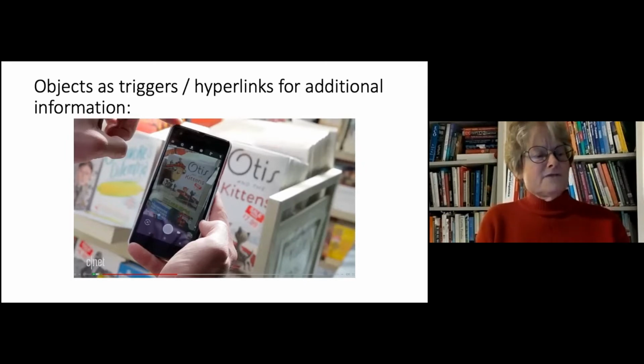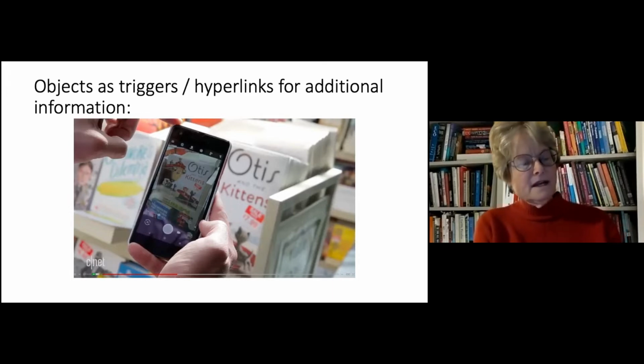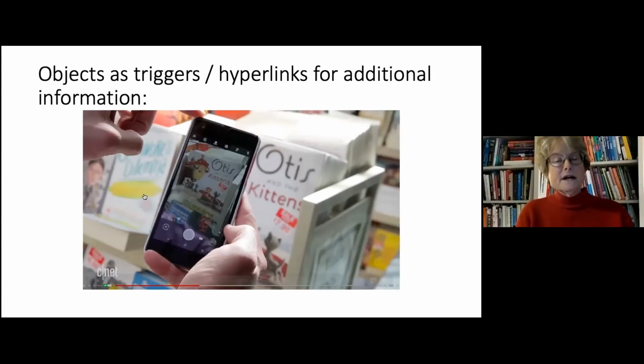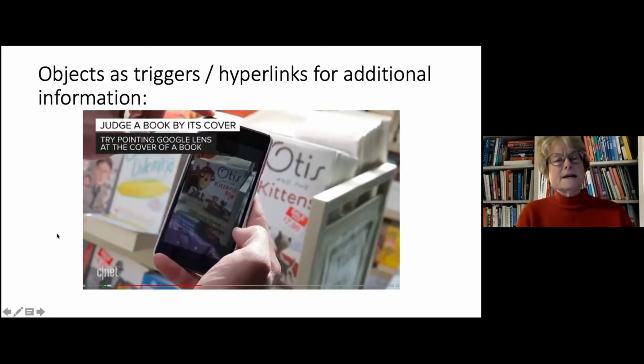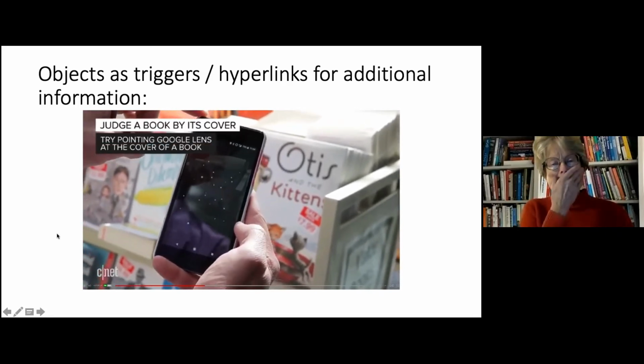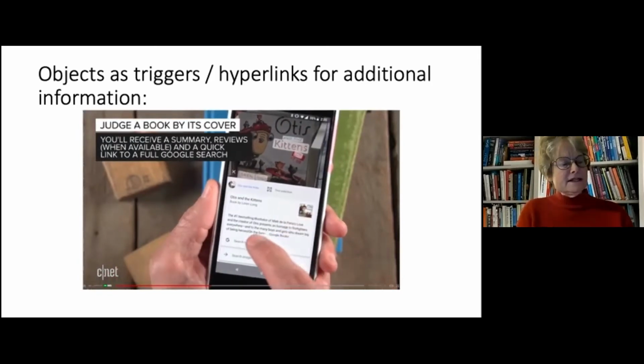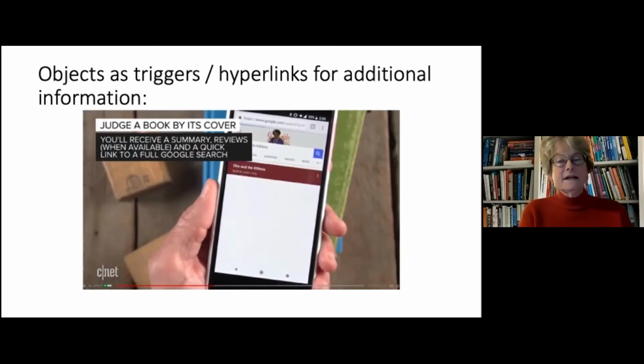And as many of you already know, Google Lens can use real world objects as hyperlinks. Using your smartphone in a bookstore, for example, can quickly call up additional information about that book. For example, here we can see pointing the camera at a book brings up all kinds of additional information.